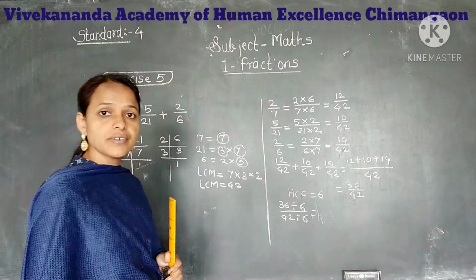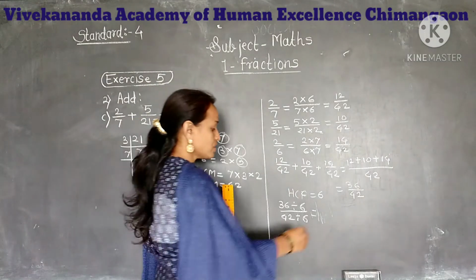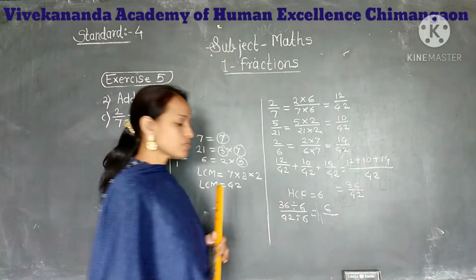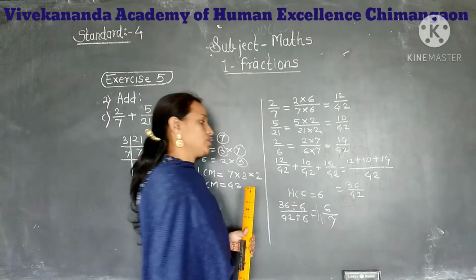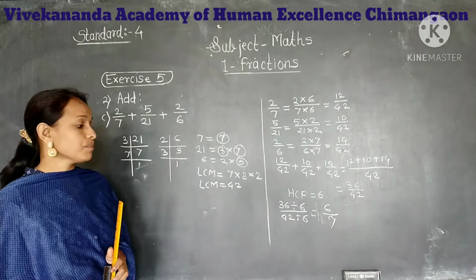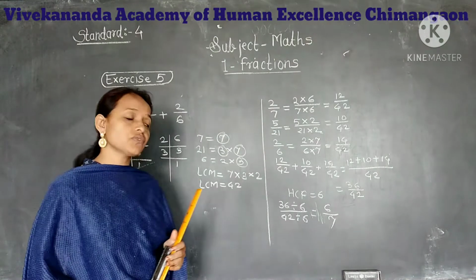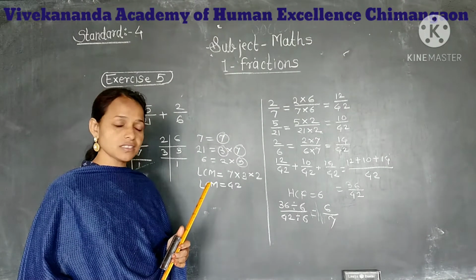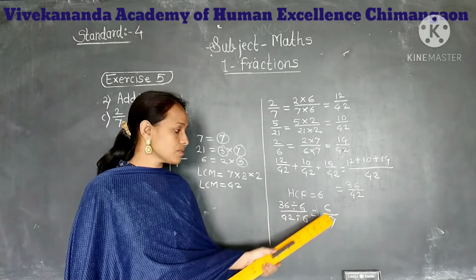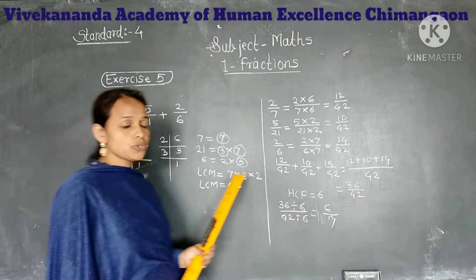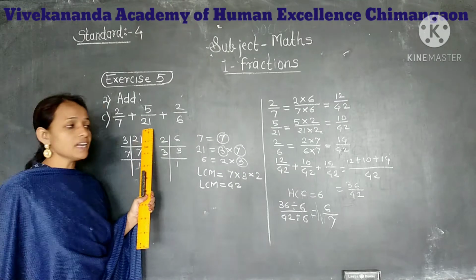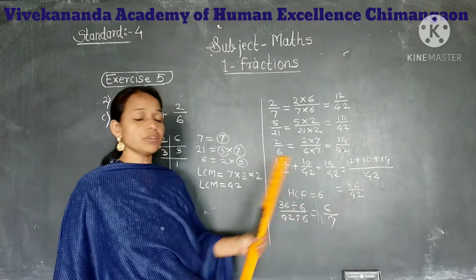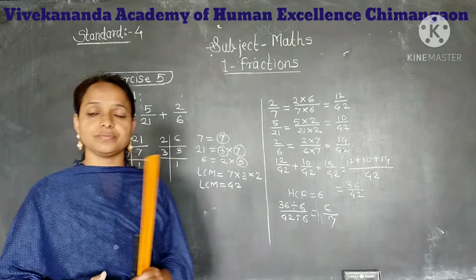Divide 36 by 6, we get quotient 6. And divide 42 by 6, we get quotient 7. So in this way, by finding the HCF of 36 and 42, we divide numerator and denominator by 6 and we get its lowest term 6 upon 7. So first we convert unlike fractions into like fractions, then we add the numerators and then we reduce to lowest terms.